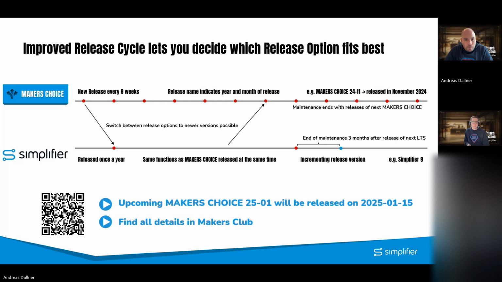And Andreas also mentioned it, that our release strategy was a bit improved. So one thing is simply a matter of wording. What we previously called enhancement packages, we now call Maker's Choice releases. And what we previously called major releases, we now call Simplifier LTS or long-term support releases.